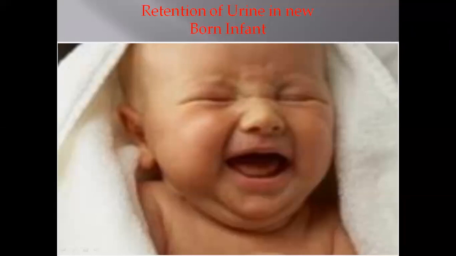As soon as he or she is born, he is in this world, and the temperature of this world is different. It can be explained in this way: mostly newborn babies suffer from retention of urine due to this atmospheric change, and for this the best medicine is Aconitum napellus. If you go through the Kent Materia Medica, you will get it.